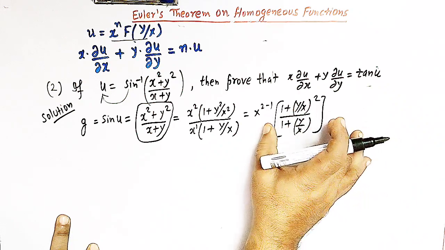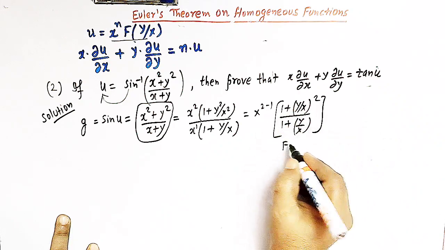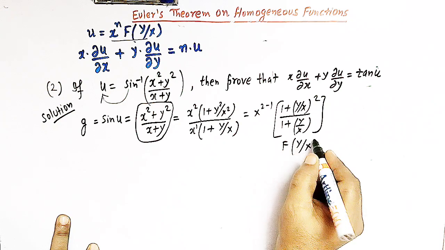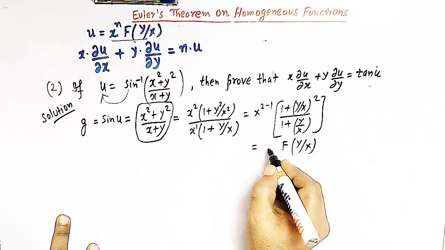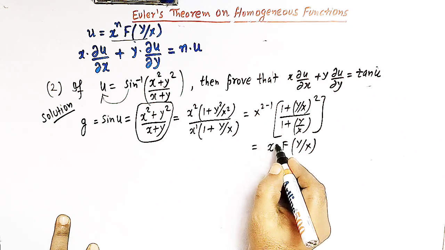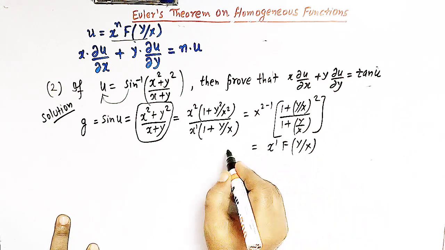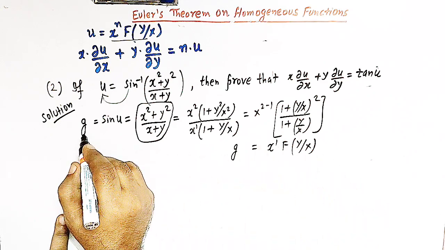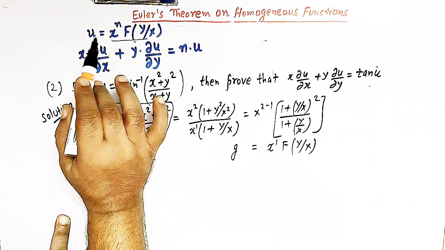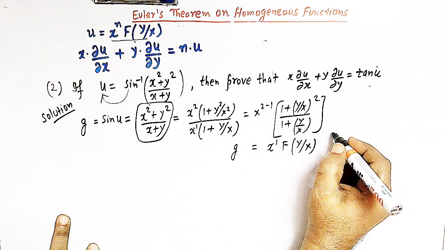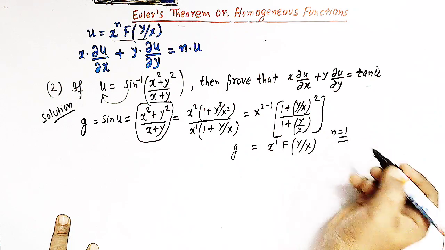This is a function of y over x, and x raised to 2 minus 1 is x. So this shows that our function g is a homogeneous function of degree 1, so we have n equal to 1.